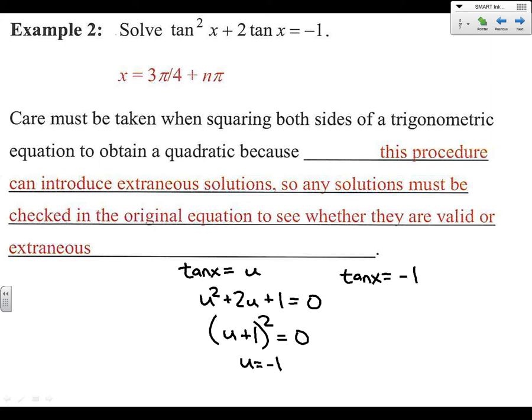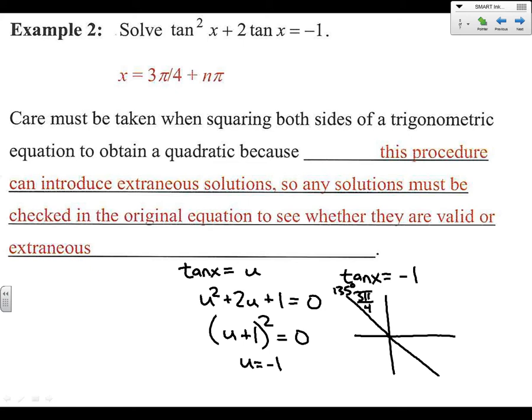negative 1. All right, so we need to go to our unit circle and find a place where the tangent is negative 1. And we have our sheet from our warm-up before of values for negative 1. And it turns out to be here and here at 45 degrees. The reference angle is 45 in quadrants 2 and 4. So this is 135 degrees, otherwise known as 3 pi over 4.